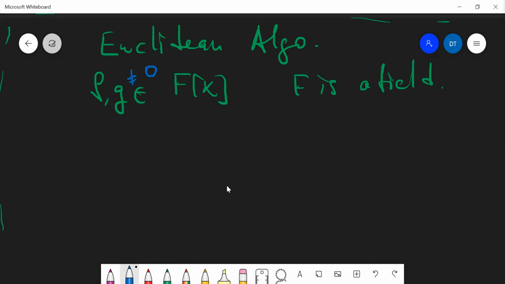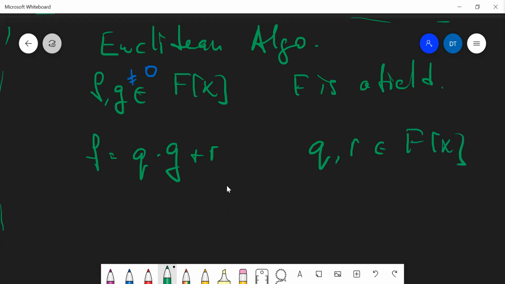Now I want to divide f by g with a remainder, which means I want to represent f in the form q times g plus r, where q and r are also polynomials, and the degree of r is strictly smaller than the degree of g, the polynomial, the divisor. So in this case, q is a quotient, and r is a remainder.